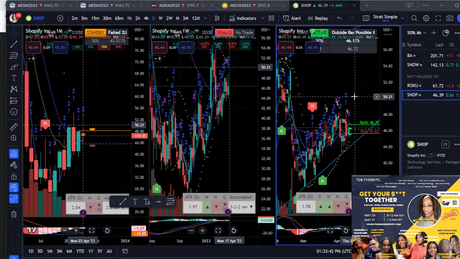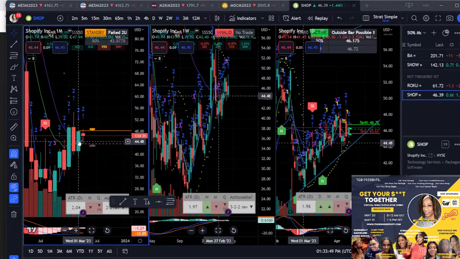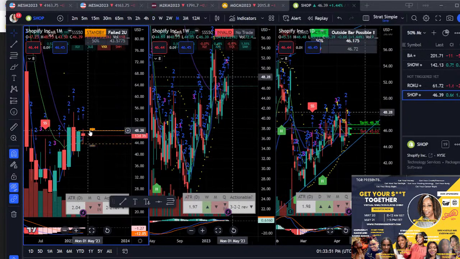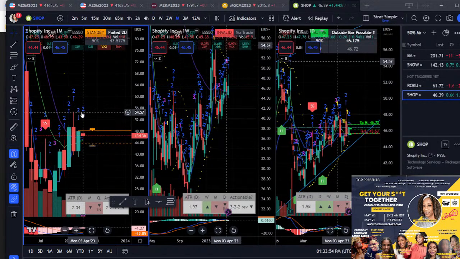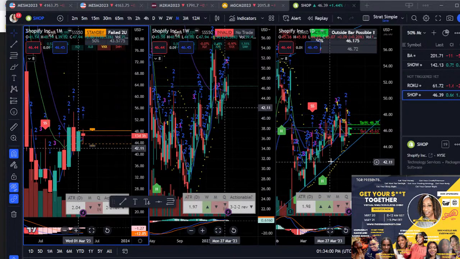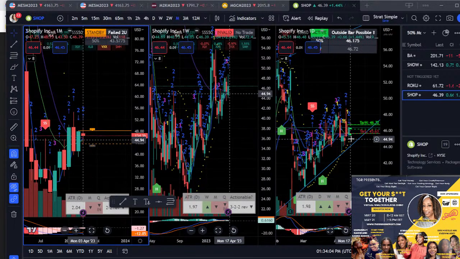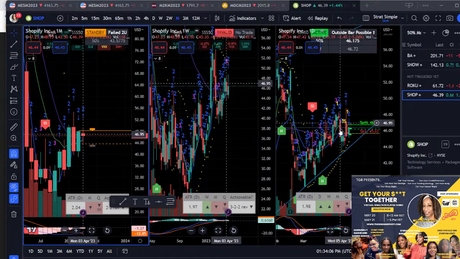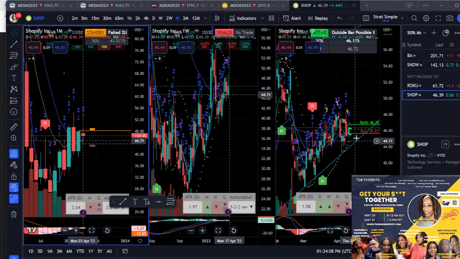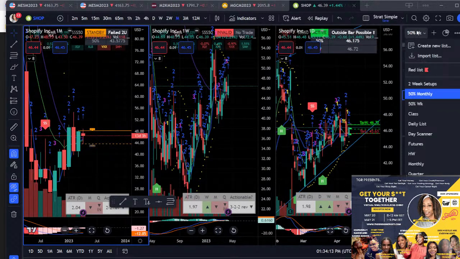Remember, we have this gap unfilled here at 50 that it could go for, and then it will have triggered the 2 up on the month again, and the magnitude for that is about 55. You can also see how it's been doing this uptrend up to the 200 and finding some support there. We washed a little bit below, but then came back above. So keep SHOP on your list.